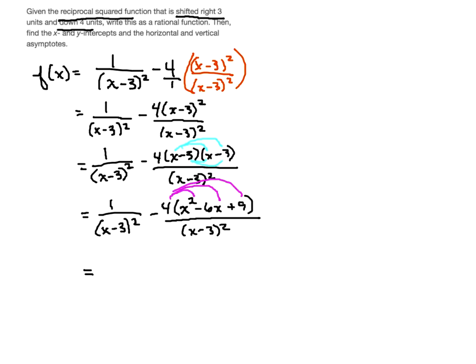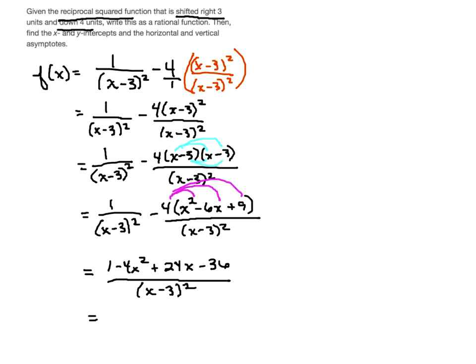But notice I have this distribution that also needs to be done, and that is a negative 4 that gets distributed there. So I'm going to do this in one step here. I have 1 from my first numerator, and now I'm going to distribute negative 4x squared plus 24x minus 36 over my common denominator of x minus 3 squared.